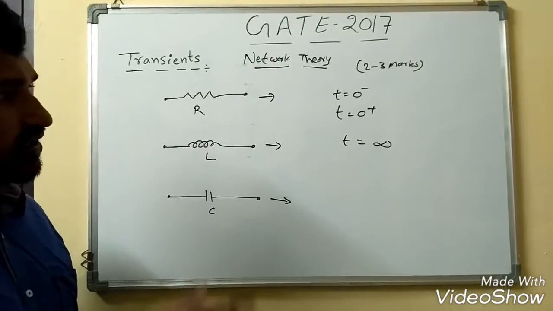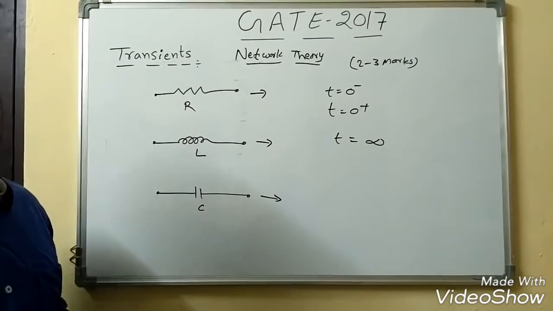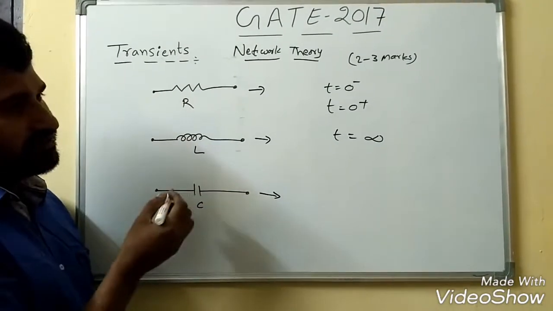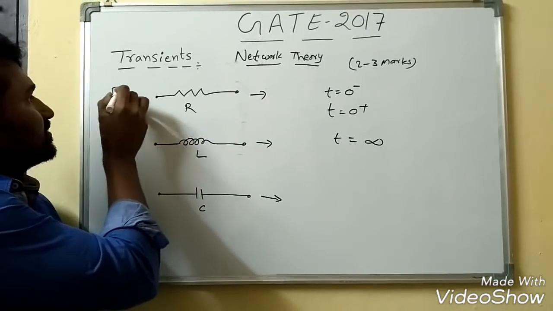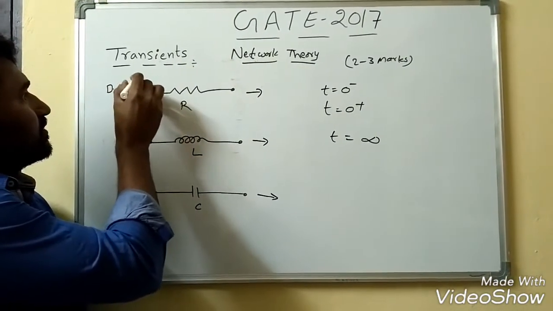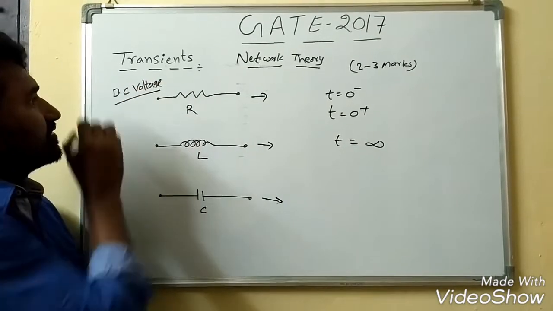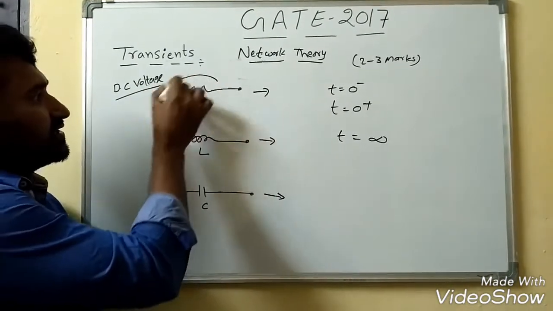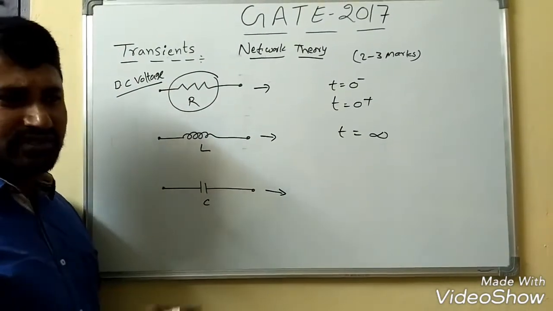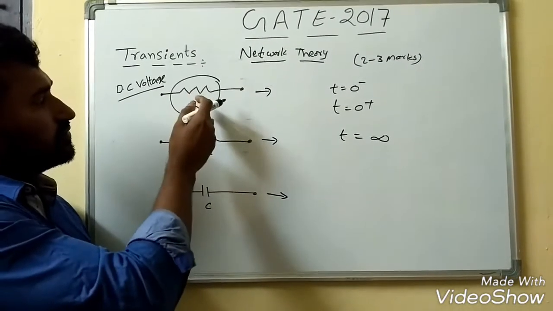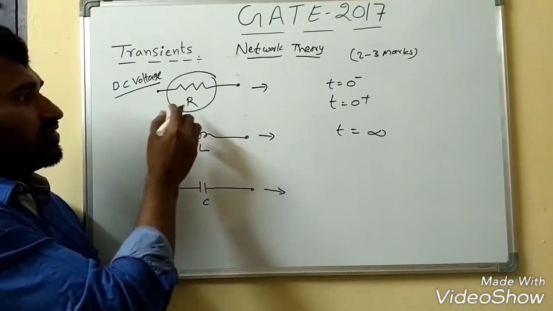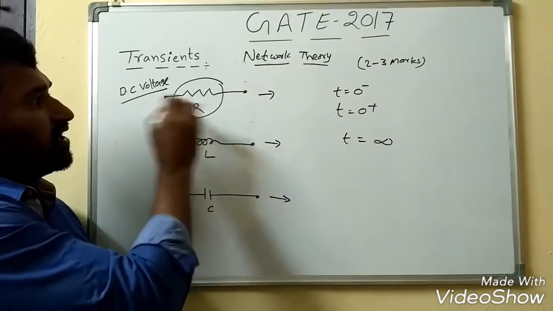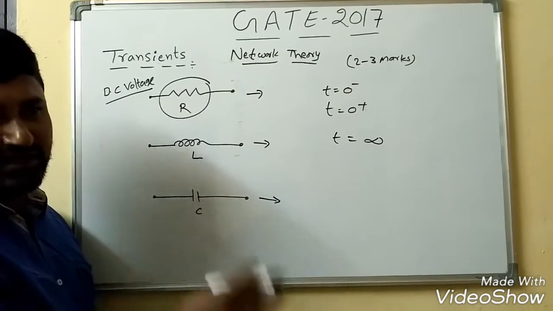Now we'll see how these components will behave. Whenever we give some DC voltage, that is a sudden rise in voltage, the resistor will allow all sudden changes. There is no stopping the values. So the resistor will always allow any changes at the instant of time.